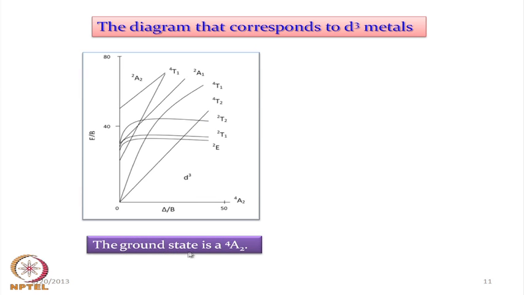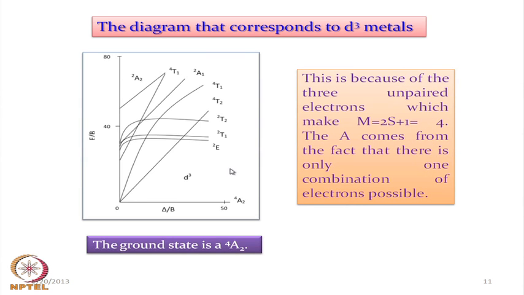So, this is the state where the ground state is 4A2. For any d3 metal ion, it can be chromium 3 plus, we have the corresponding ground state term as 4A2, and from 4A2 we will find all the other corresponding transitions.